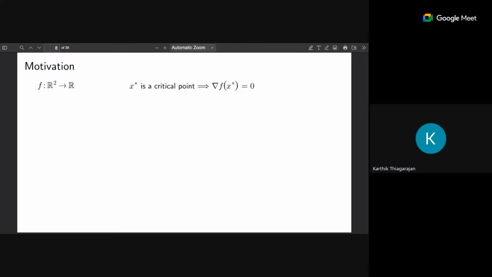So in week 2, we studied Taylor series expansion. Do you all remember that, week 2? So if you expand a function around x star, you will get some terms. What is the first term? f of x star.